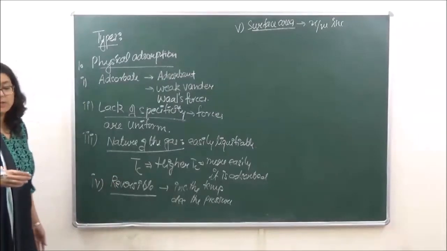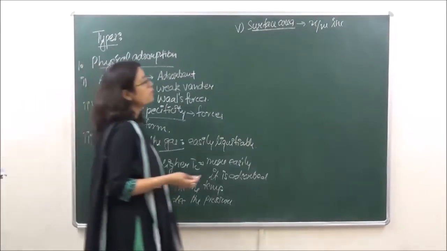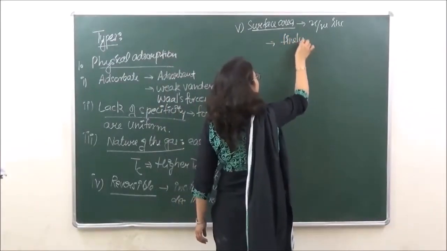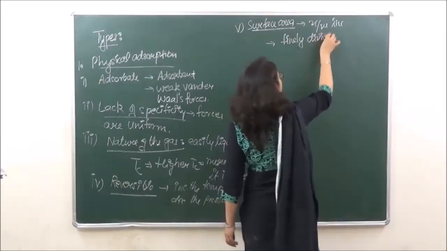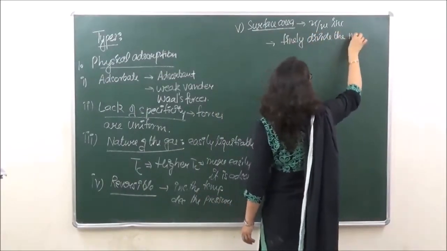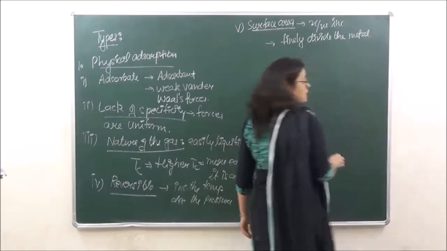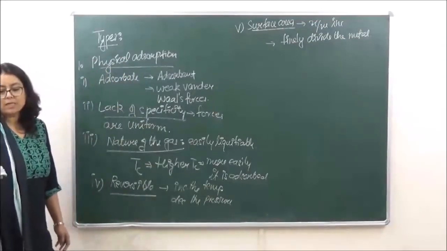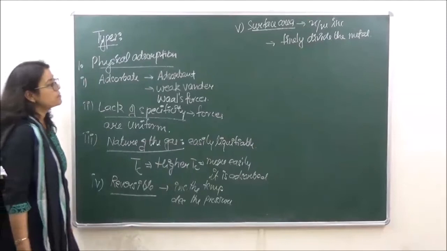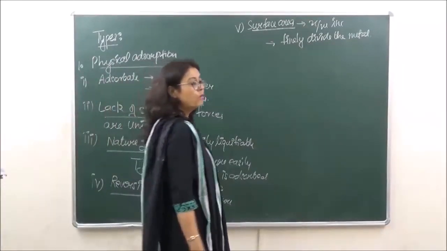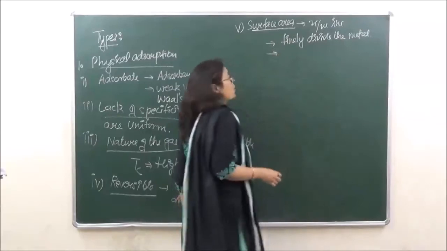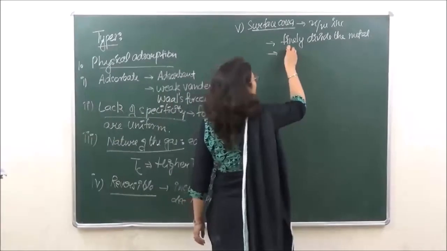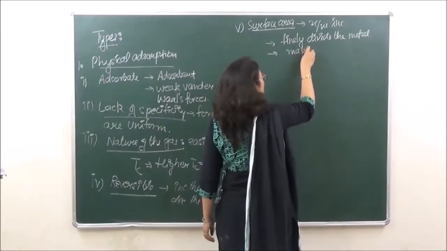To increase the surface area, we finely divide the metal. A powdered substance has the maximum surface area. So powdered or porous substances are going to have more forces of attraction and hence more adsorption.